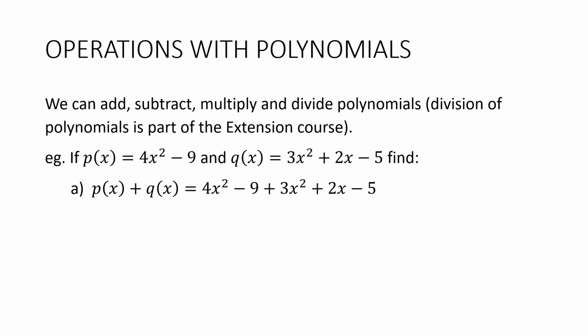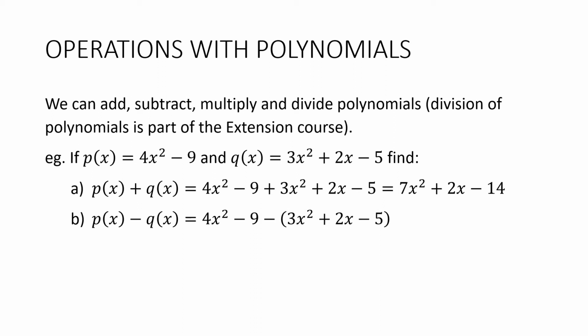All we do is add them. 4x squared take away 9 plus 3x squared plus 2x take away 5, and it's equal to 7x squared plus 2x take away 14. If we subtract, be careful of this minus because we want to subtract all of this, which means we have to put this in brackets. And simplifying, we get x squared take away 2x take away 4.